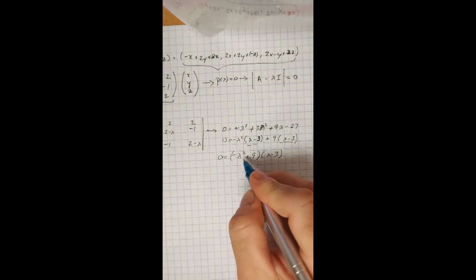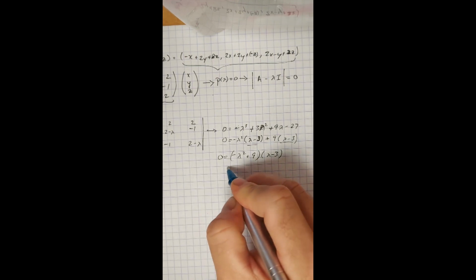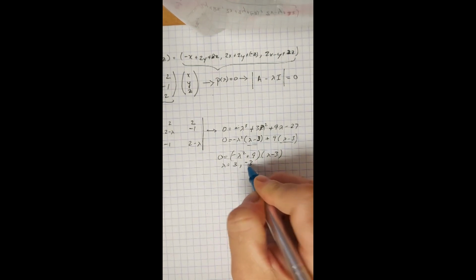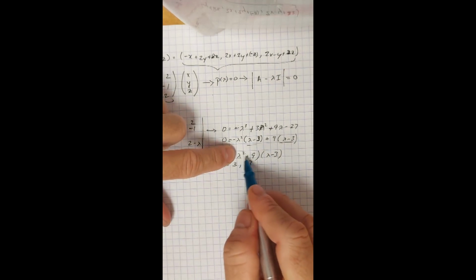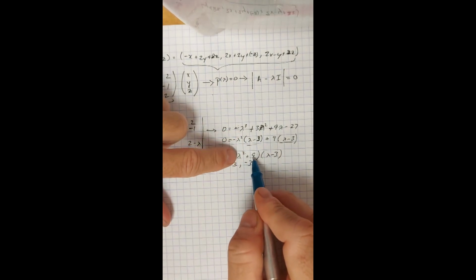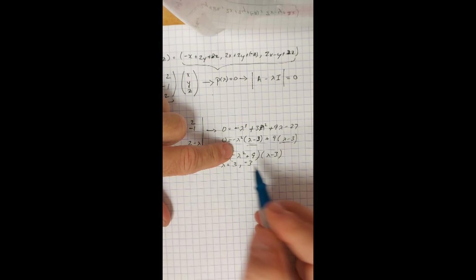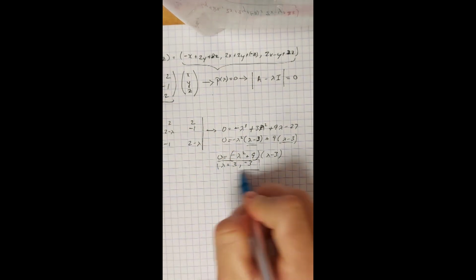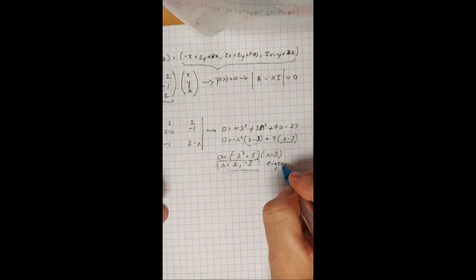And so it looks like we have a repeated root. So we're going to get lambda equals positive 3 from this one, plus or minus 3, and then a minus 3. So there are really 2 lambda values. These are our eigenvalues.